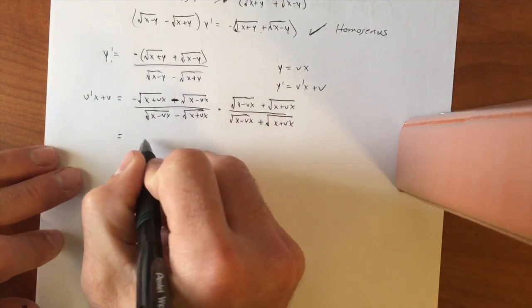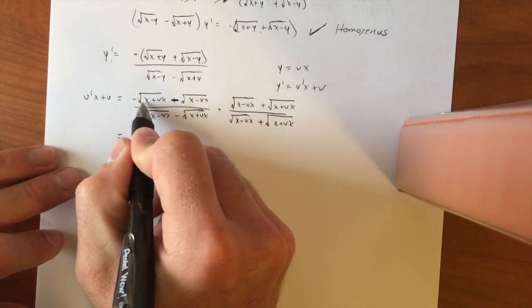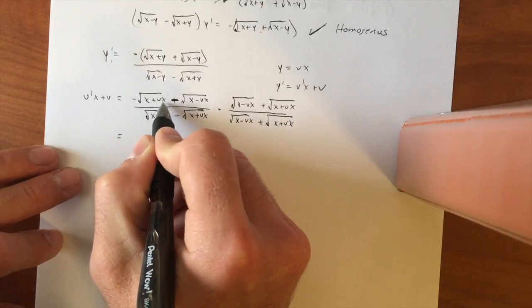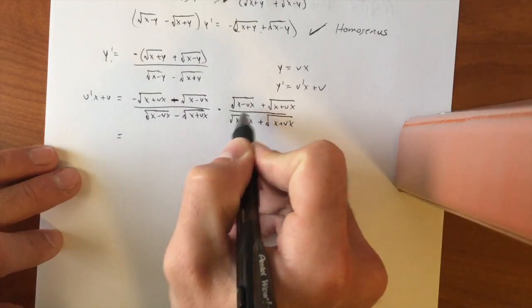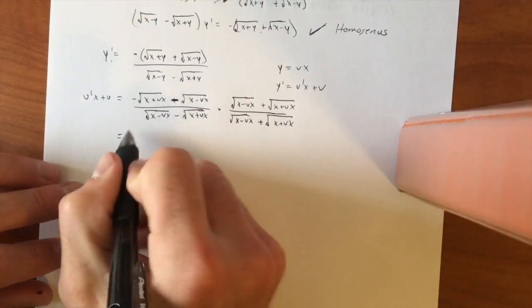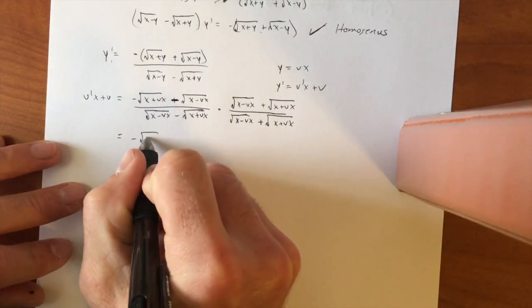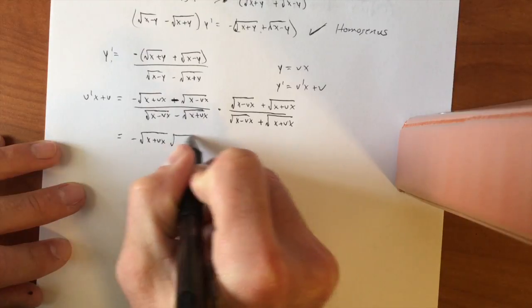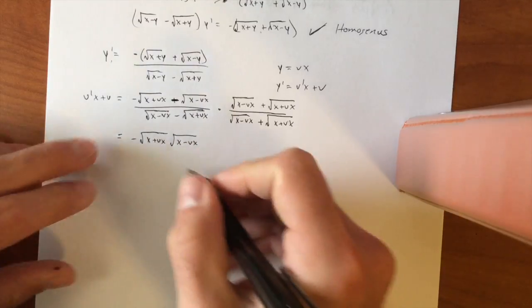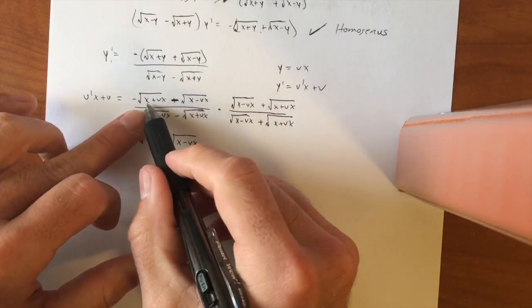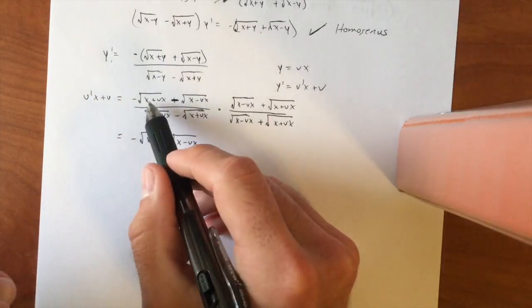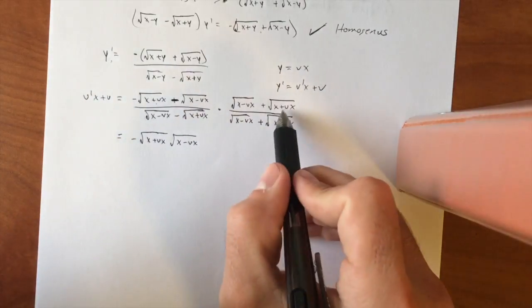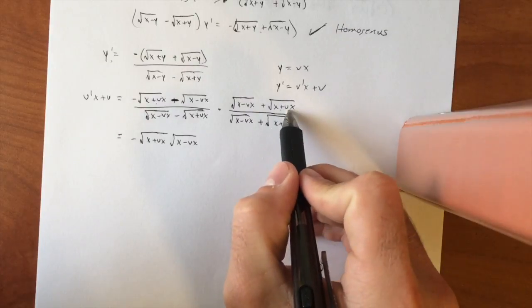To the numerator first, we will have a negative square root of x plus vx times square root of x minus vx. Those will not simplify, so we're going to have to write it as negative square root of x plus vx times the square root of x minus vx. Looking at the next term, we have x minus vx and an x plus vx over here.